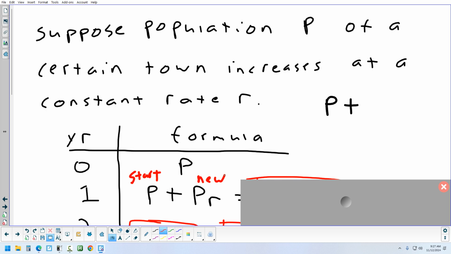How could that be simplified? Or actually, we kind of did this on the last problem. What could I do to P plus P times R to write it a different way?